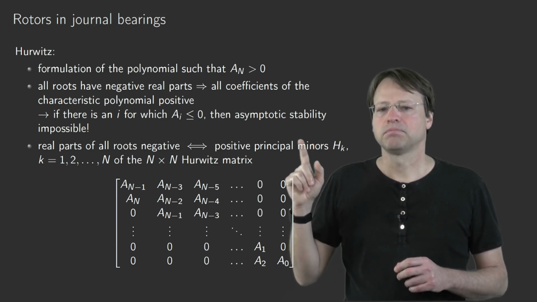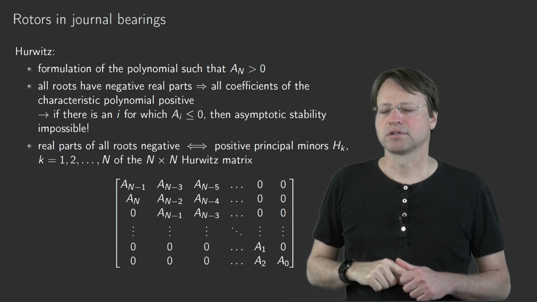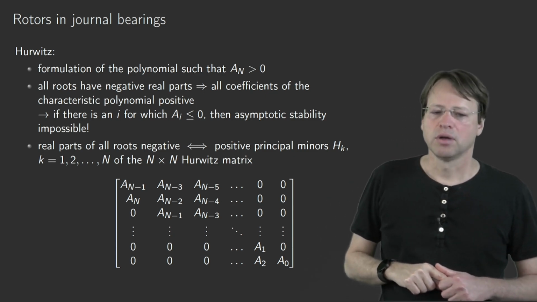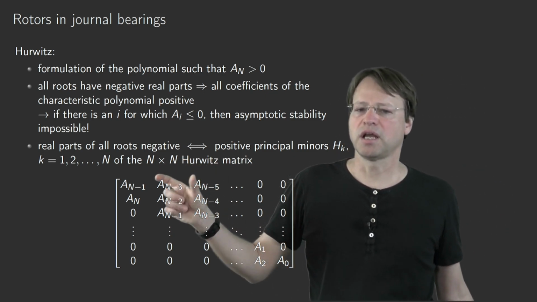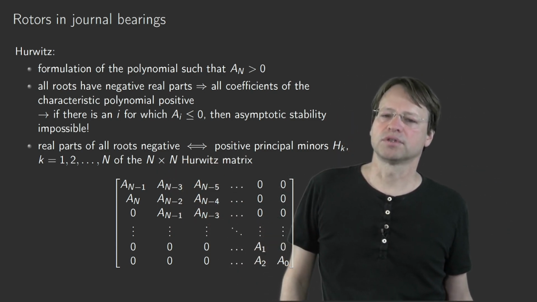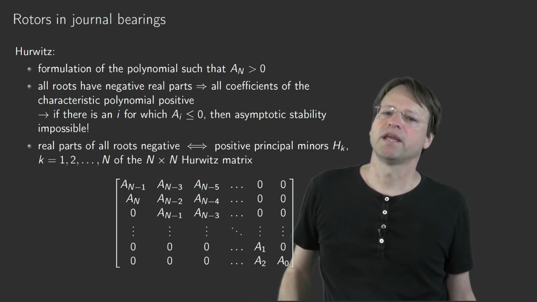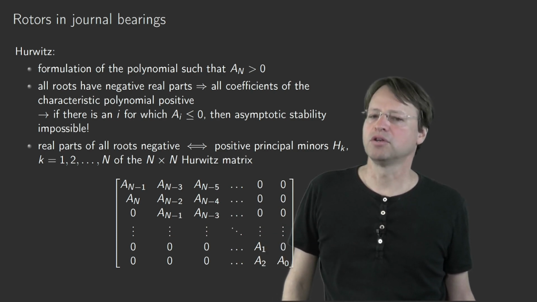Now you need positive principal minors of that matrix. What is a positive principal minor of a matrix? Well, you take the first k columns and the first k rows, so you take a submatrix of that matrix and you compute the determinant.